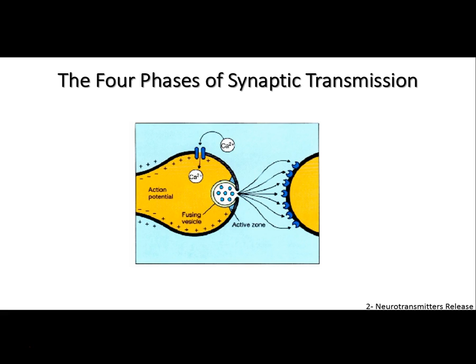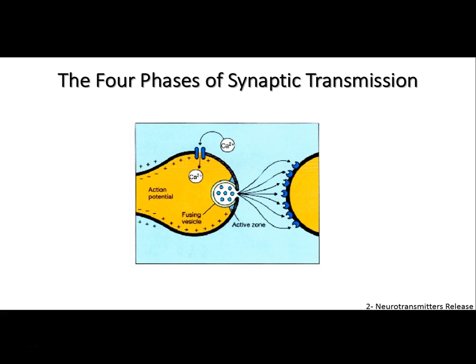The second is the neurotransmitter release, where the release is produced by the action potential when it invades the terminal ending. The resulting change in the membrane potential activates the voltage-gated calcium channels, causing an influx of calcium ions into the terminal.